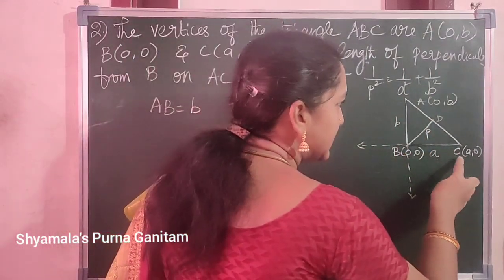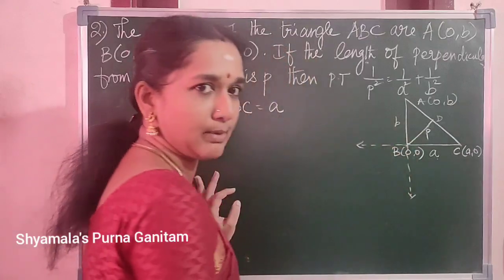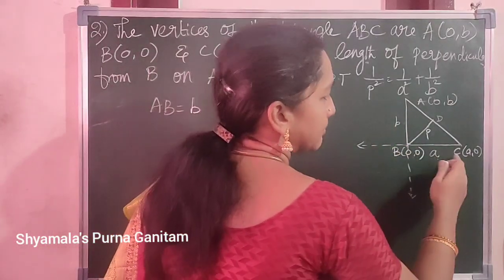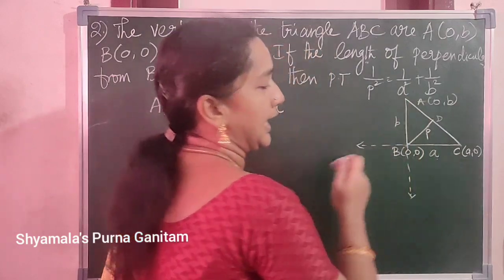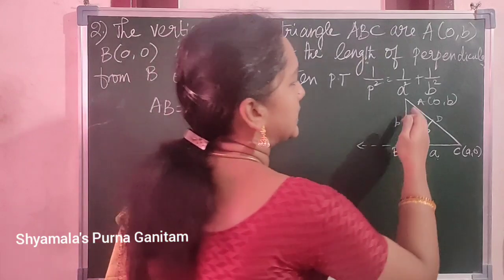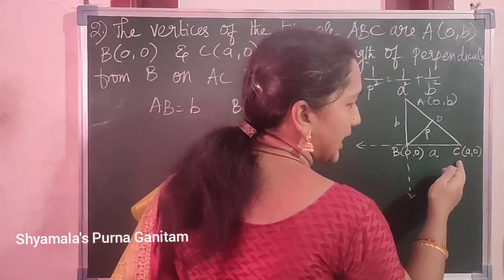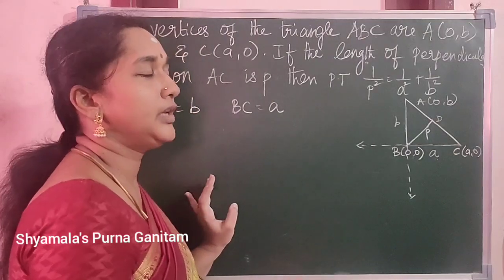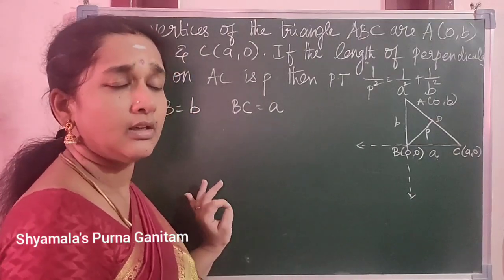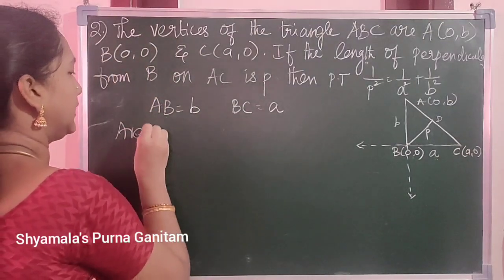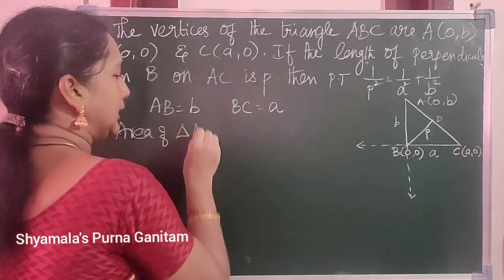One with the base BC and height AB. Already it is given as a right angle triangle. So with base BC and AB, we are going to take triangle ABC. The same triangle ABC we are going to take with base as AC and height as BD. So we'll use the half base into height formula for the area of the triangle. So area of triangle ABC in two ways.